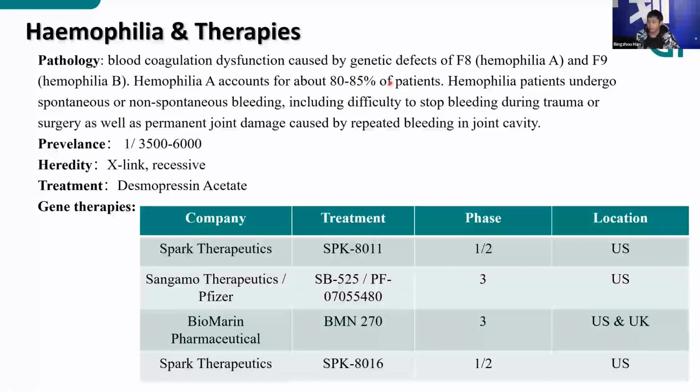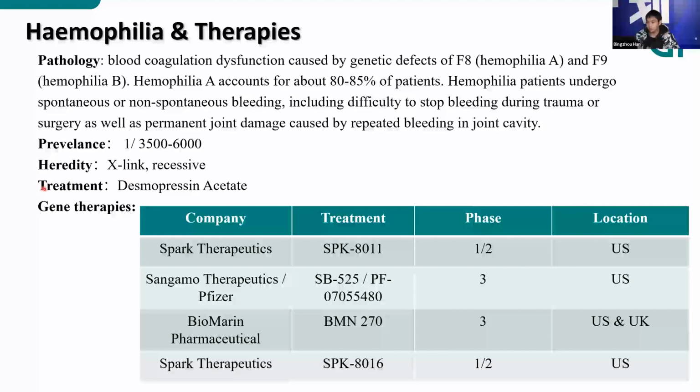Hemophilia patients undergo spontaneous or non-spontaneous bleeding, including difficulty stopping bleeding during trauma or surgery, as well as permanent joint damage. The prevalence is as high as DMD, which is a very large number, and it is also recessively inherited.